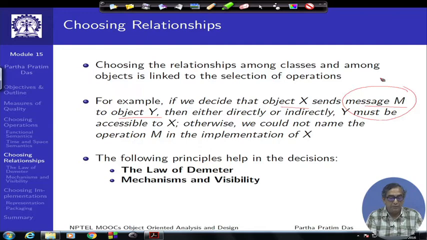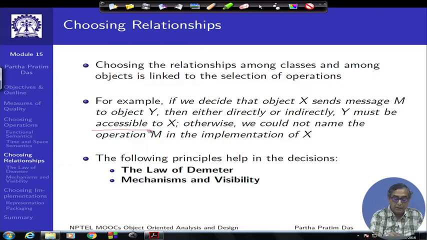Now, if this message has to be sent either directly or indirectly, the necessity is that y must be accessible to x. That is, in terms of encapsulation, visibility restrictions and so on, unless y is accessible to x, this operation design will not work.